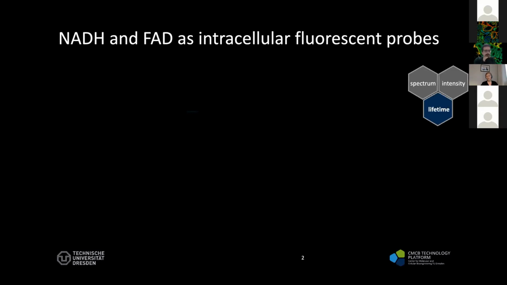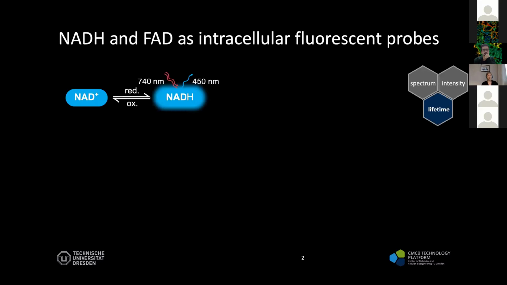Just as a very simple rule of thumb, what often applies to NADH and FAD FLIM is that they tend to behave in the opponent way. What is true for one molecule is often the opposite for the other one. You will see what I mean in this slide. As you've probably recognized before, NADH is fluorescent in its reduced state.